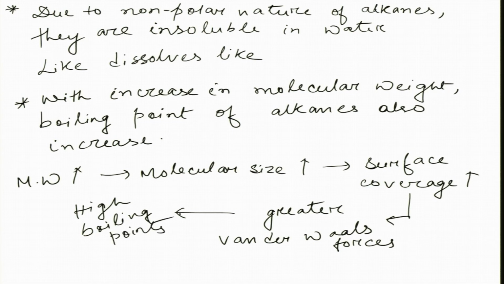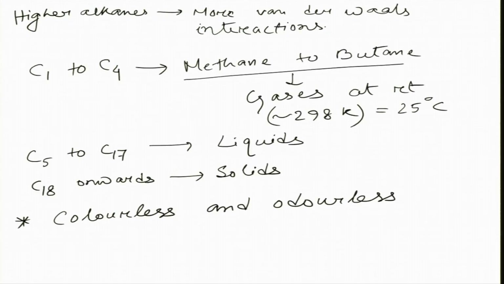See, what we had discussed, that the lower alkanes are gases. That means in the lower alkanes their molecular weight was also very less and their size was also very less. So, they had low van der Waals forces, due to which their boiling points are so low that they exist already in the gaseous form at room temperature.